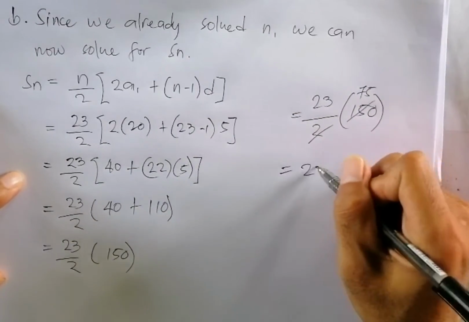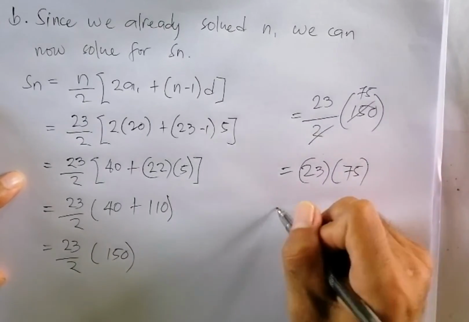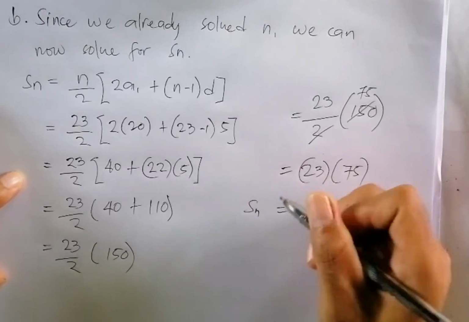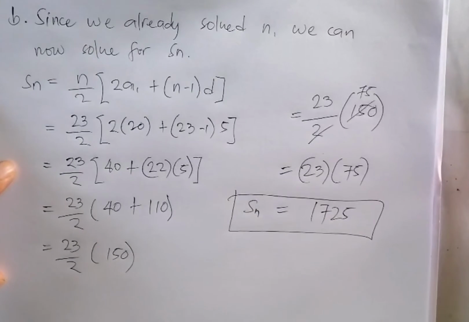So we have 75. So S sub n is equal to 1725.